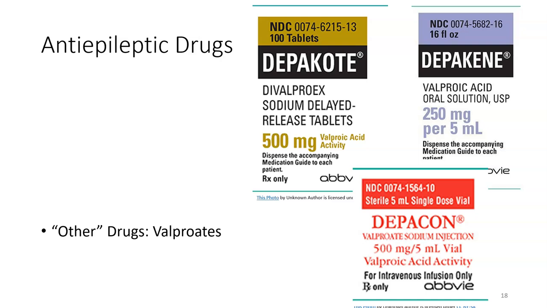And then we have valproic acid, which is Depakene, and Val thought it was keen, which is an old word for cool. Now the injectable valproate sodium or valproic acid is Depacon. So it's easy to get those mixed up, but valproic acid and divalproex sodium are actually two different drugs, but they're in the same family.